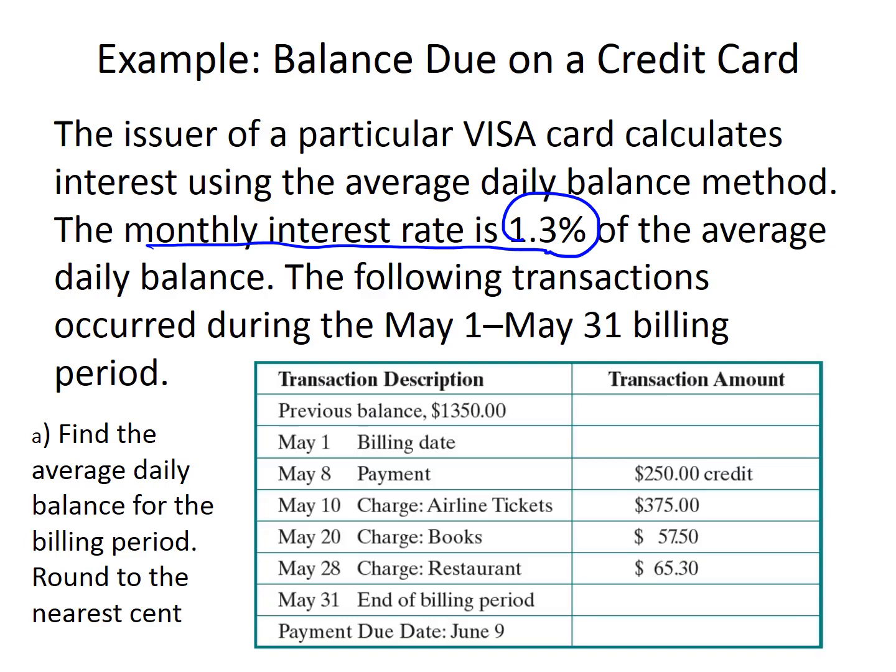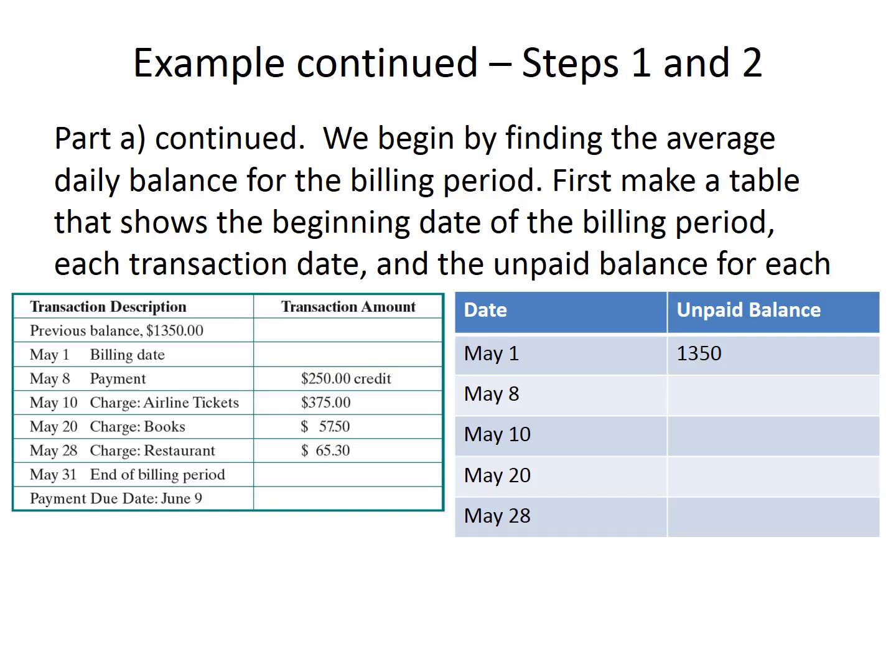It gives us our previous balance of $13.50, right? And then on May 8th, we pay $250. We can't afford the whole $13.50, so we pay $250. And then we make some more charges, and it's due July 9th. So we will actually do Part A on the next slide.